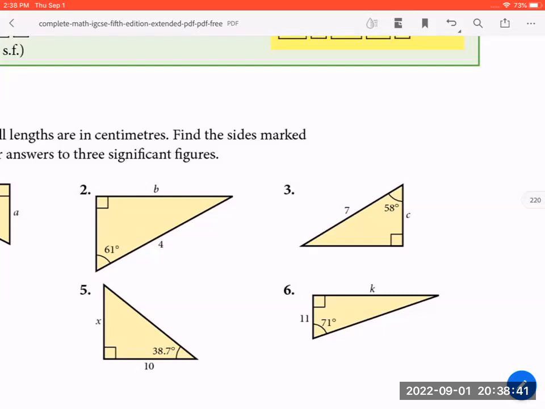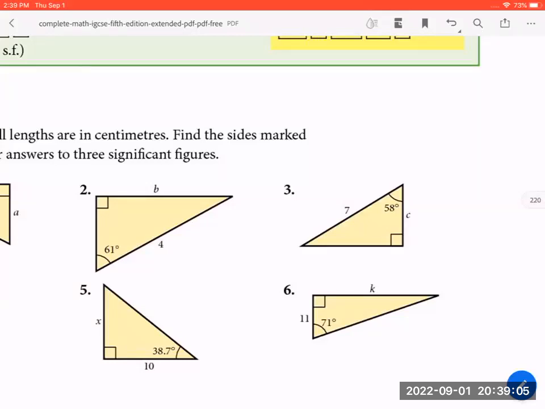For 3, we have 58 degrees and we have the hypotenuse, which is 7. We're trying to find the adjacent. The one which uses hypotenuse and adjacent is cosine.